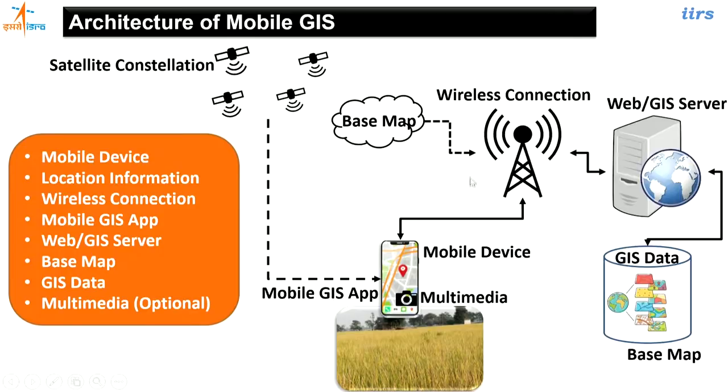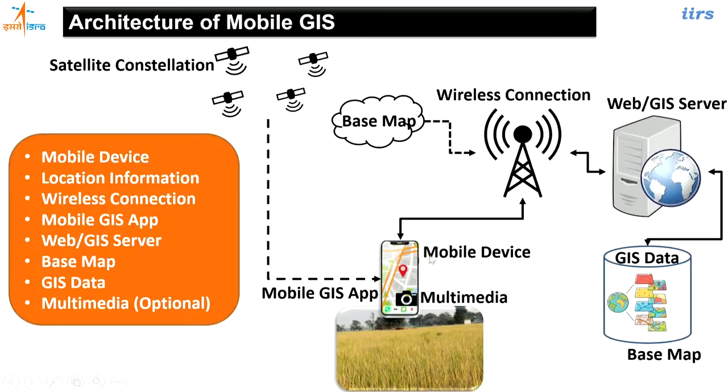Most of the applications are such that, without this wireless connection, you can capture the information, update the information, and store the information. But if you need to sync your database with the central server, at that time the wireless or internet connection is required. So internet connectivity is required only to update the central server of the GIS database. This is required at that time only, but these are always available here.